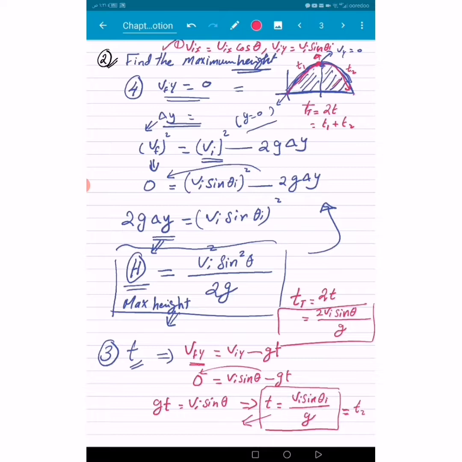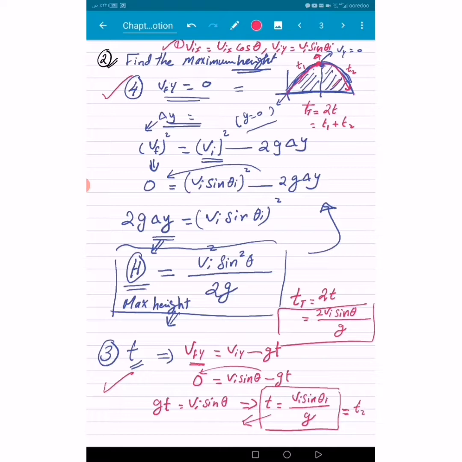Number 1, the combination of X and Y. Number 2, the maximum height. Number 3, the time as T, the time to reach the maximum height, or to reach the ground as T total.